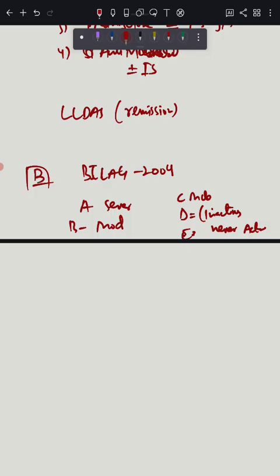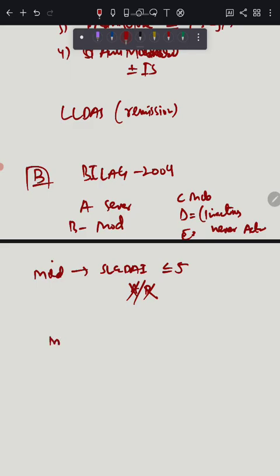so how do we classify severity for treatment? Mild, moderate, severe. We have to classify for symptoms. For mild, the patient will have SLEDAI of less than or equal to 5, or no BILAG A or B. There should be no BILAG A or B. Symptoms will be mucocutaneous or musculoskeletal only.